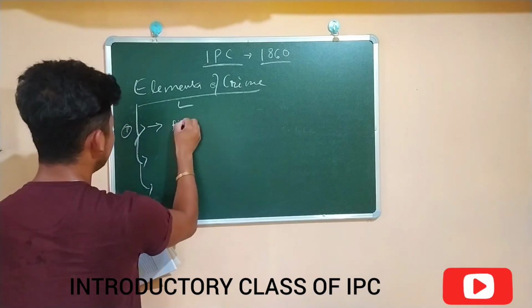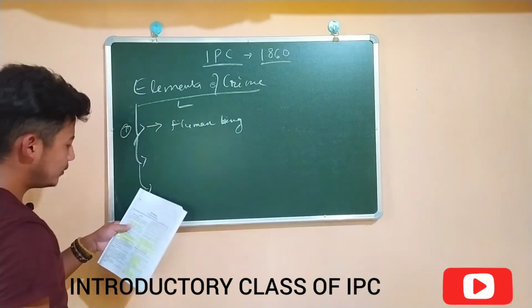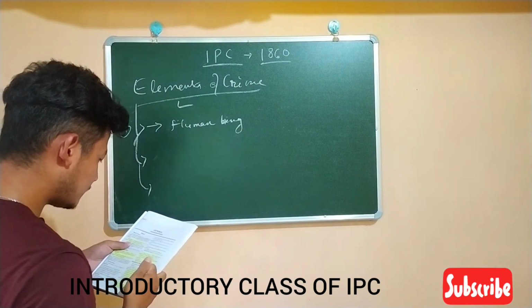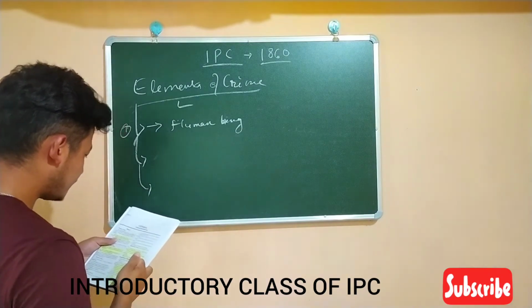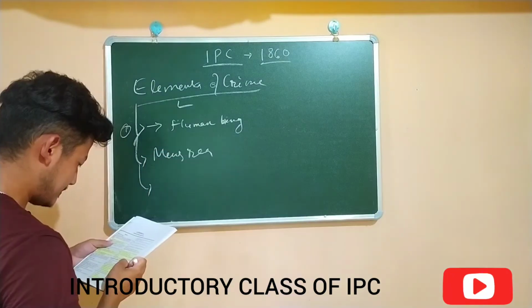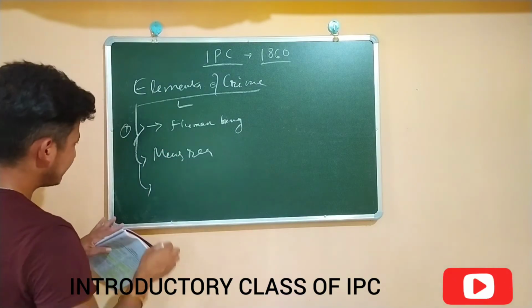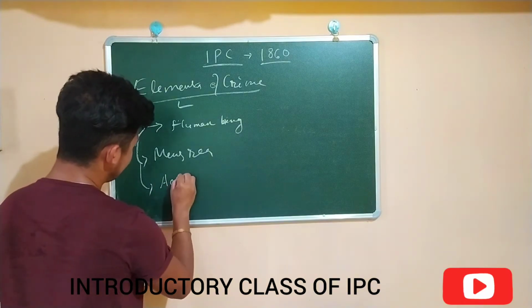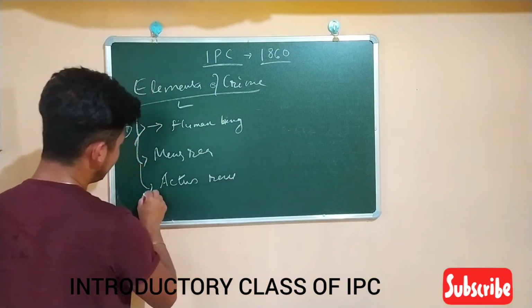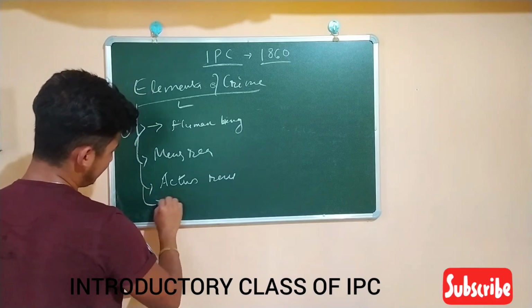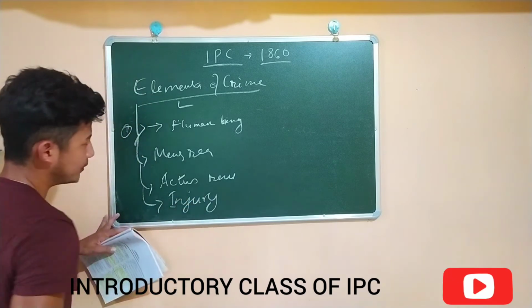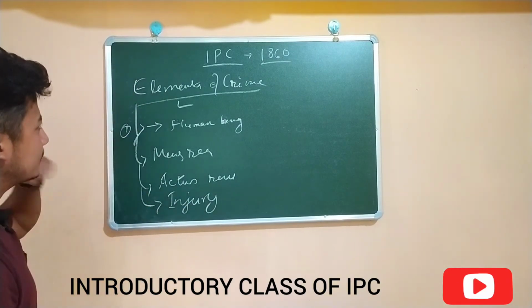Number one, human being. Number two, mens rea, actus reus, and injury. So these are the elements of crime.